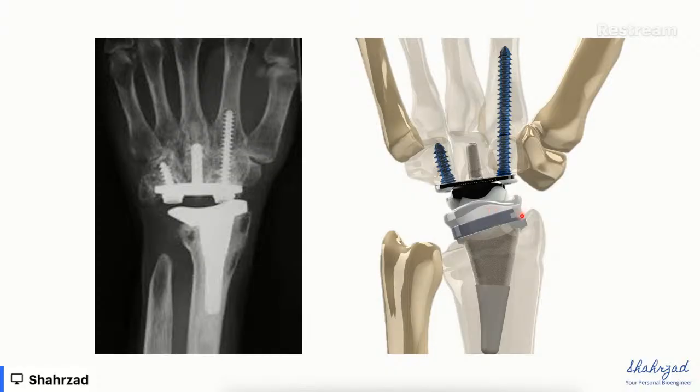If you see, this has a smaller head area compared to this one covering the whole of radius. The one you can see on the left right here is called re-motion system, and this one on the right is called Motec implant. So these are a few examples.